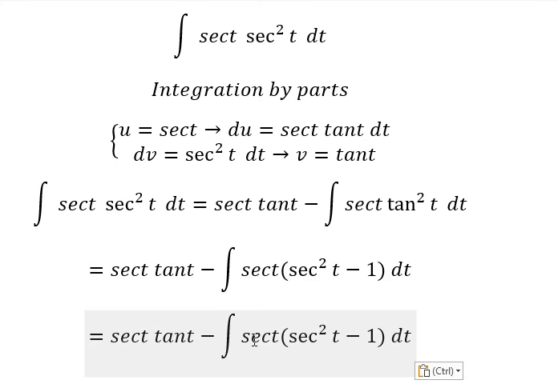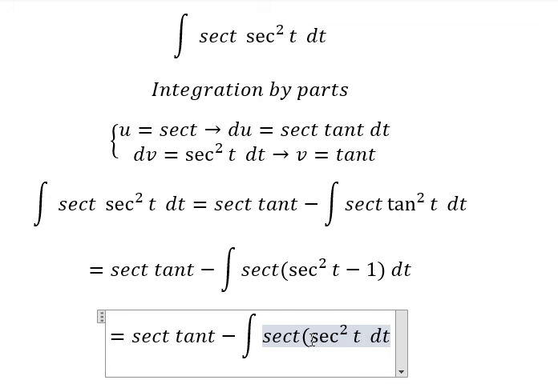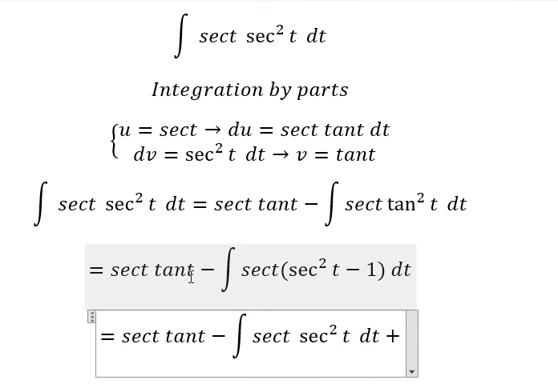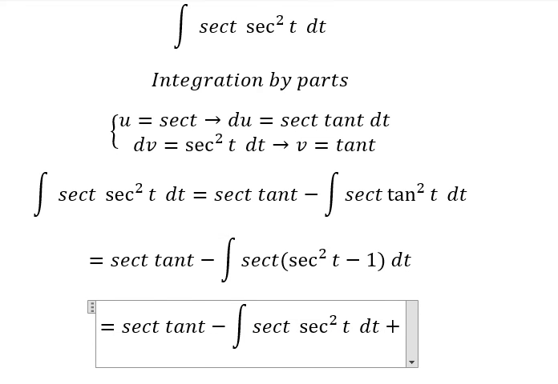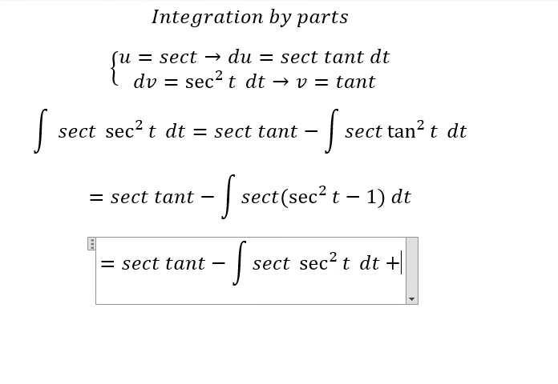So secant of t multiplied by secant of t square and negative number 1. Negative with negative, we have positive.